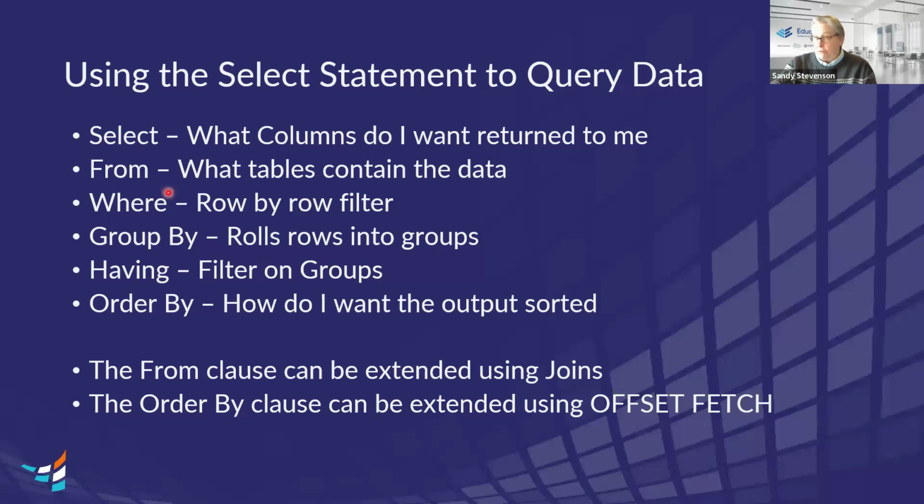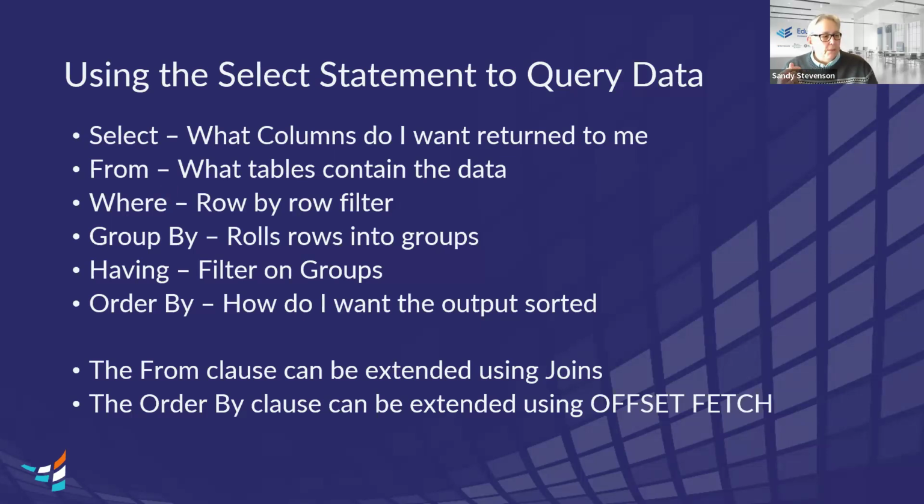The having clause is our filter on groups. The order by is how do we want our output sorted if we need to have it in a guaranteed sorted order. Now, the from clause has extensions, of course, using joins, as does the order by. There's extensions to that clause by using offset fetch. Let's go have a look at some things now.